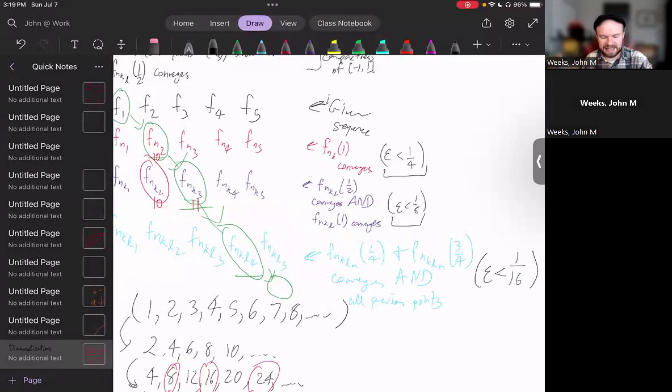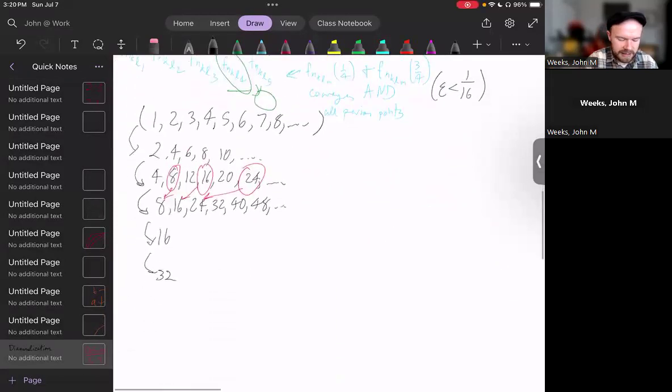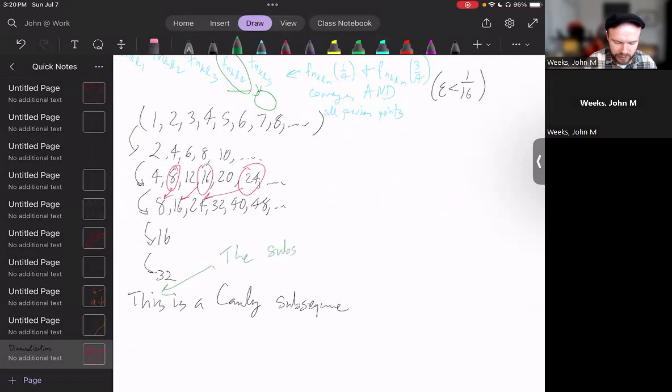The fact is that this is a Cauchy subsequence of the original set of functions. This is a Cauchy subsequence. And I should say what this is, the subsequence circled in green is a Cauchy subsequence of the original sequence f sub n.